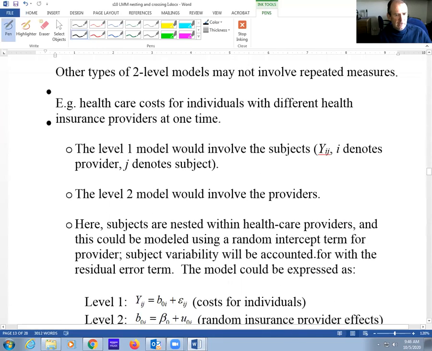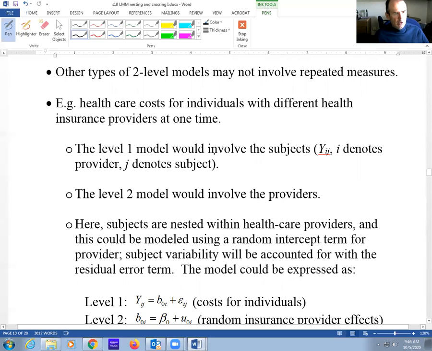So the next several slides are just talking about different examples of hierarchical data, which could include repeated measures. For example, healthcare costs for individuals. They could involve repeated measures, but my first point on this slide is that they may not involve repeated measures as well. So, healthcare costs for individuals with different health insurance providers.